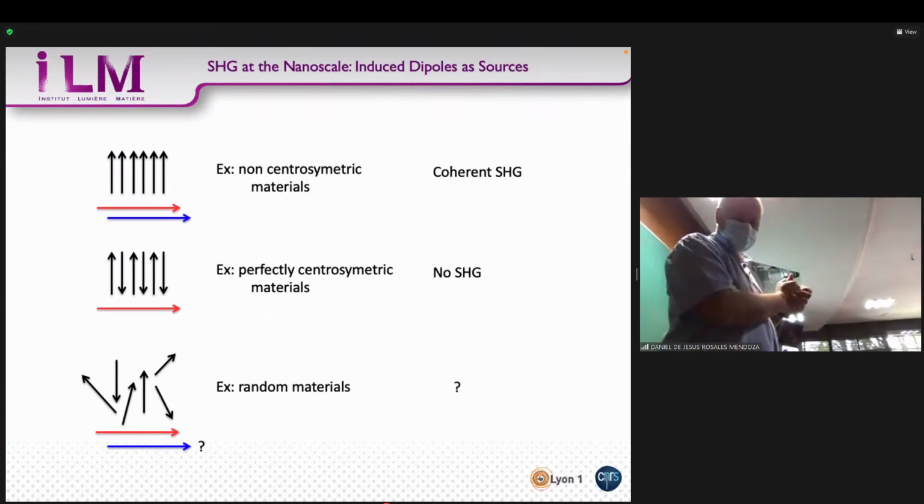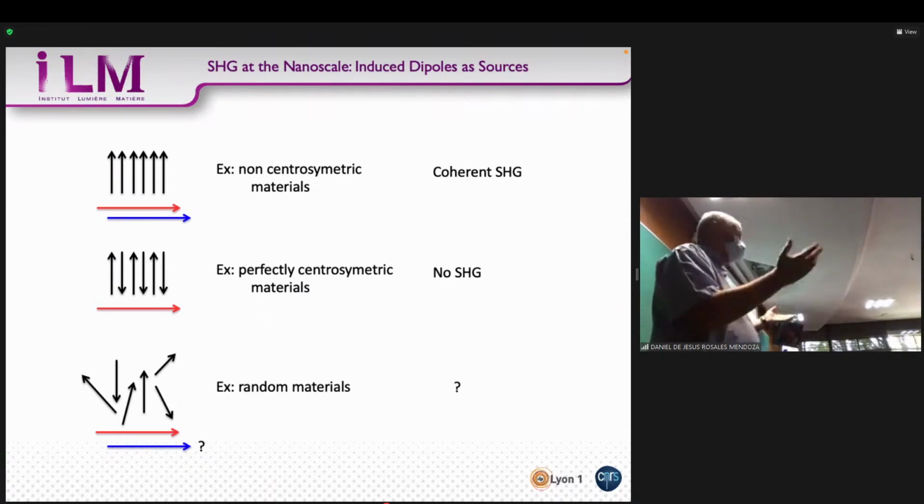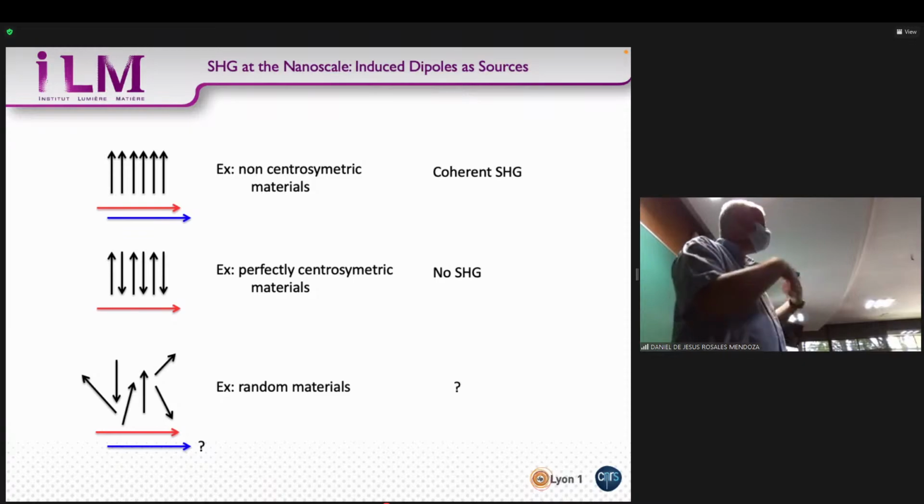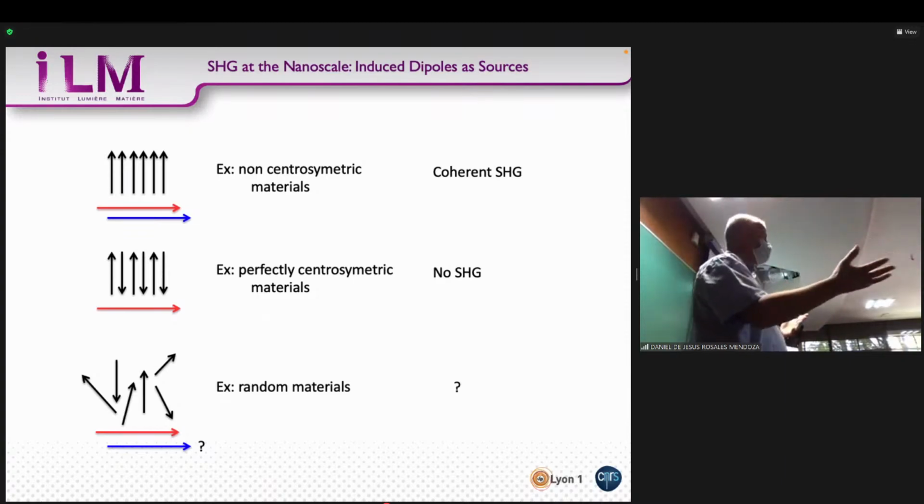This also can be used for nanoscale material made of non-centrosymmetric material. One of the most common materials, for example, is lithium niobate, and I'll give an example of that. In this case, we have the so-called coherent second harmonic generation. The response of all these tiny dipoles is a coherent superposition.